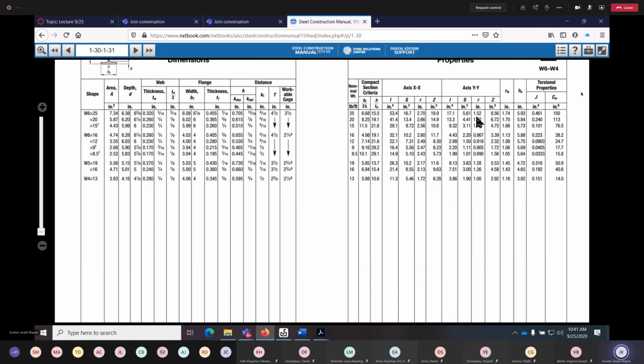The problem doesn't define how this W6 by 25 is oriented, so I don't know whether I should take the properties about the x-axis or the y-axis. So what am I going to do? Well, I'm going to pick the smallest value of r and use that in my design. That's the most conservative. So I know that the radius of gyration can never be less than 1.52.